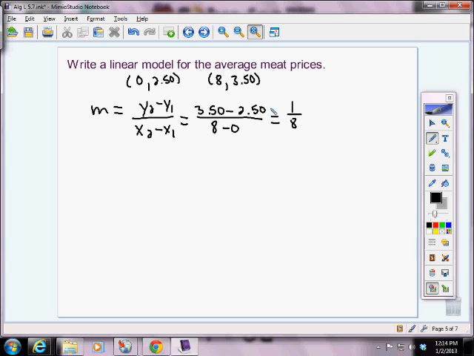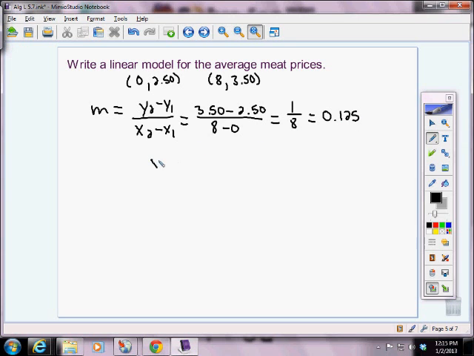I know I've told you always leave slope as a fraction, but with real life data, it's easier to change it to a decimal, because with the best fitting line, people's equations or models can be a little bit different. They're going to be close, but they can be a little different. So I'm going to divide this out and just use 0.125. Again, if you left it as 1 over 8, that's fine.